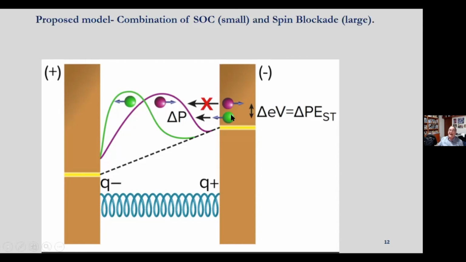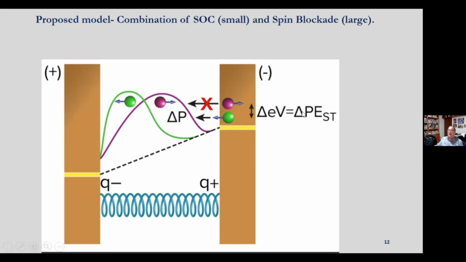But now when another electron is introduced into the molecule, this electron penetrating the molecule feels the spin that was left behind. So only an electron with the spin opposite to the spin that was left behind can penetrate in. For introducing an electron with the same spin as the spin that was left behind, we have to put in extra energy.